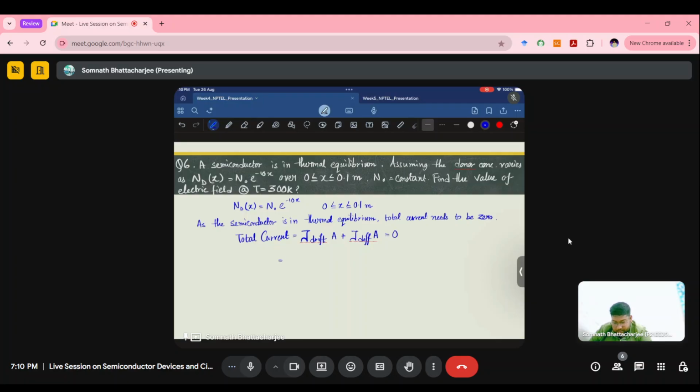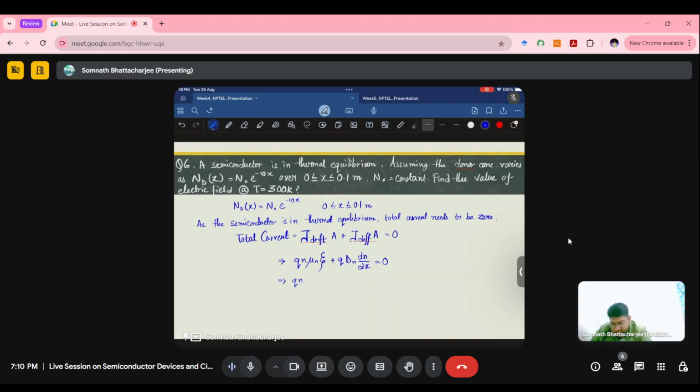From this we can write q n mu_n E plus q D_n dn/dx equals 0.